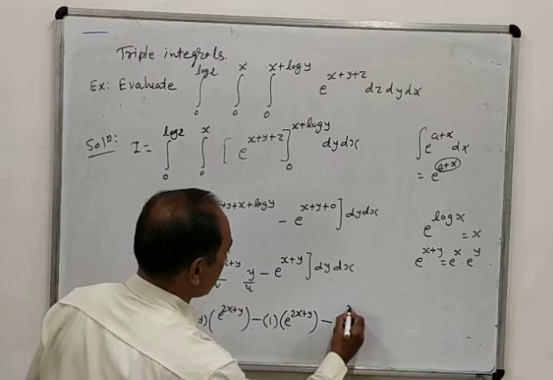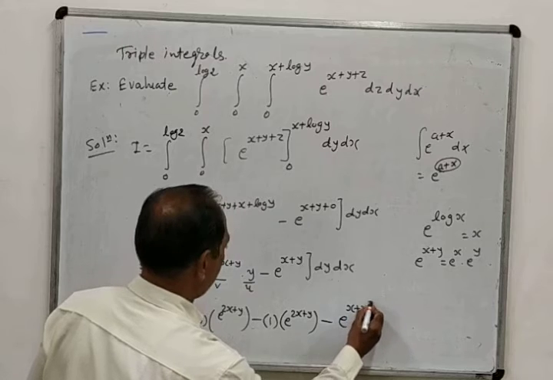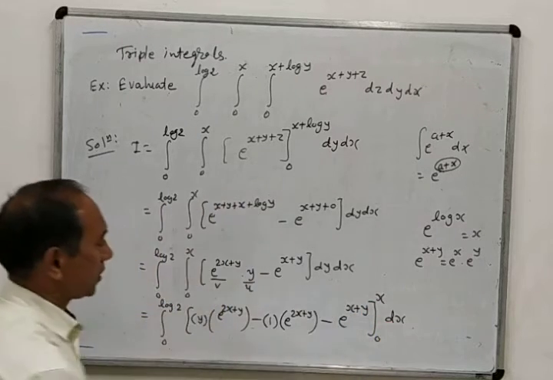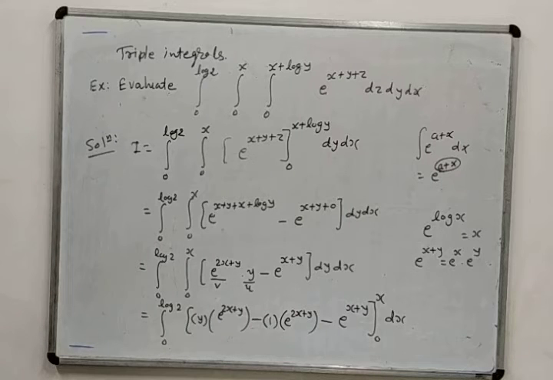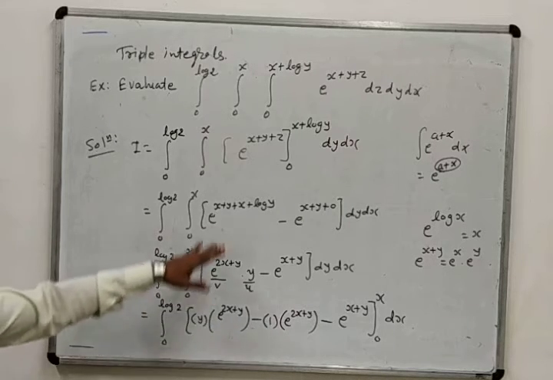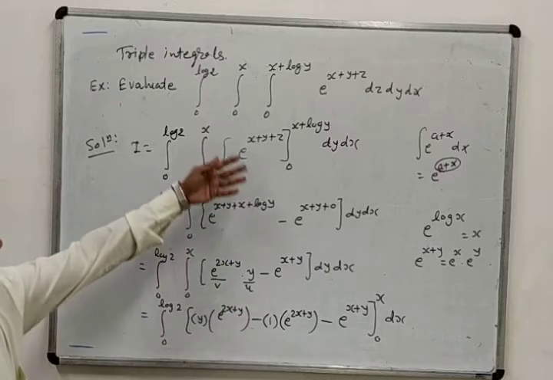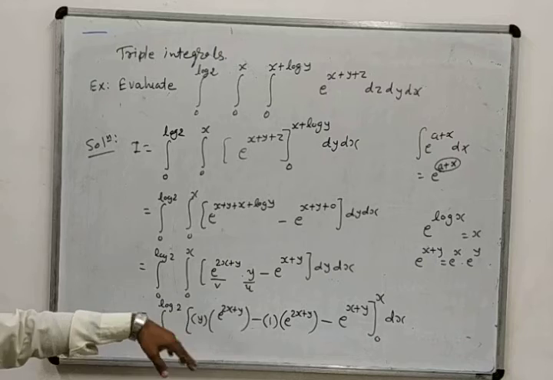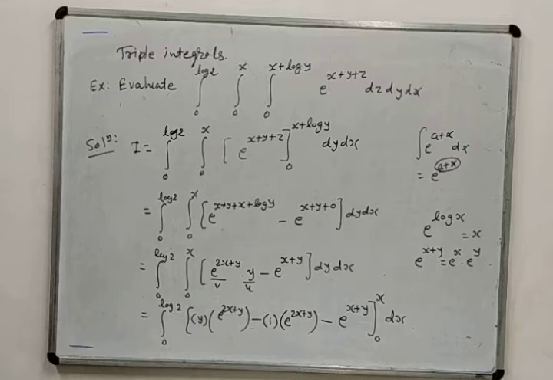So it has the integration e raised to x plus y directly. So we will have the limit, and here is dx because the procedure of y is completed now. So all of you write down up to this step, then I will rub it out 2 steps and follow the further steps.